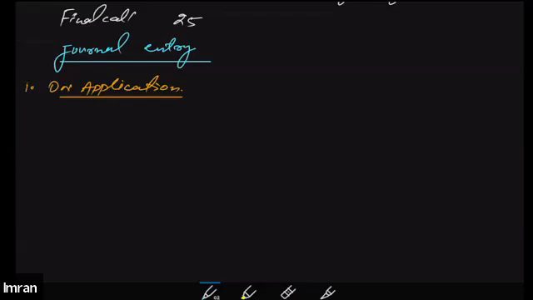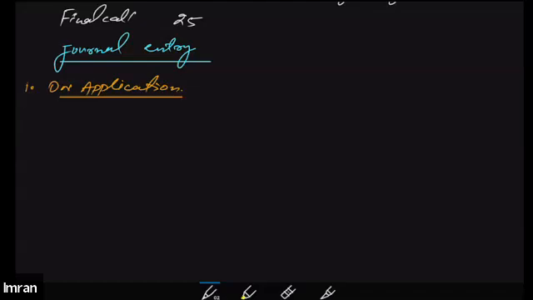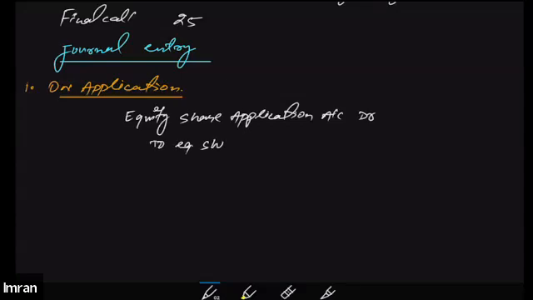First of all, we will pass the journal entry for making it due. So that will be equity share application account debit to equity share capital account.